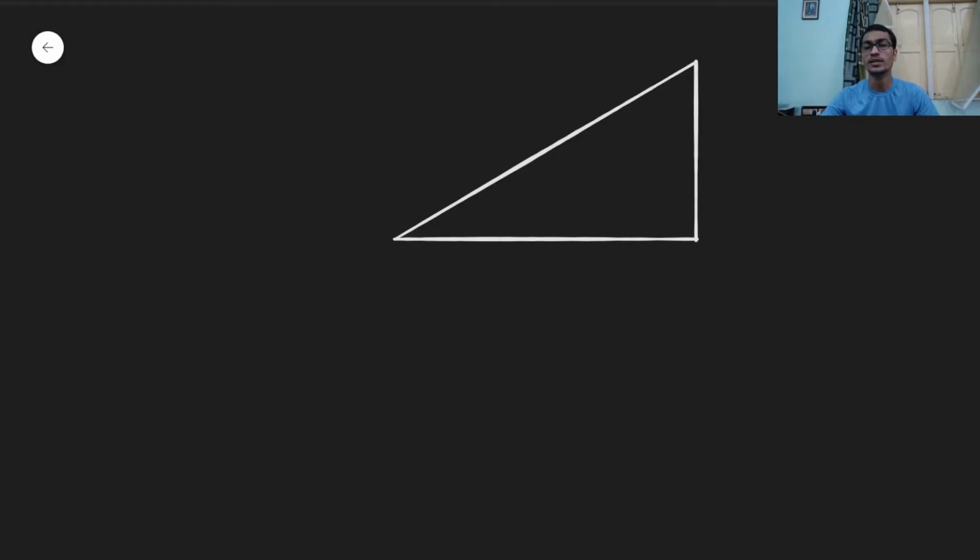The story of this problem also turns into a story of a right angle triangle. Let us consider a right angle triangle, say ABC, where BC is the string, and the kite is at the point A. The string is temporarily attached to the point B on the ground, and the angle ABC is given as 60 degrees.